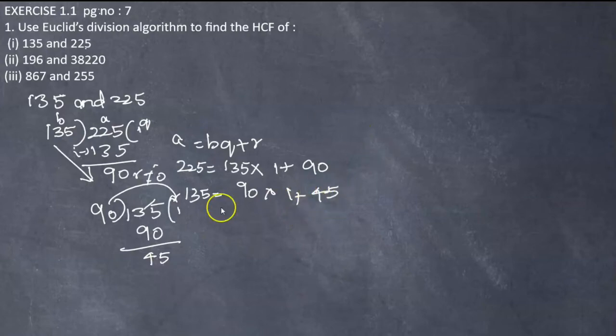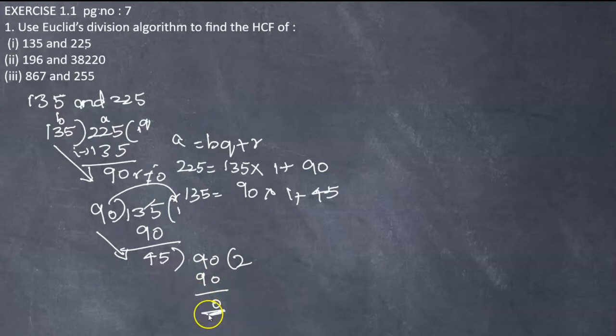Since remainder is not equal to 0, again we have to do this. So bring this 90 here. So 45 it will be like 2 times 90. So 0. So now the R becomes 0.